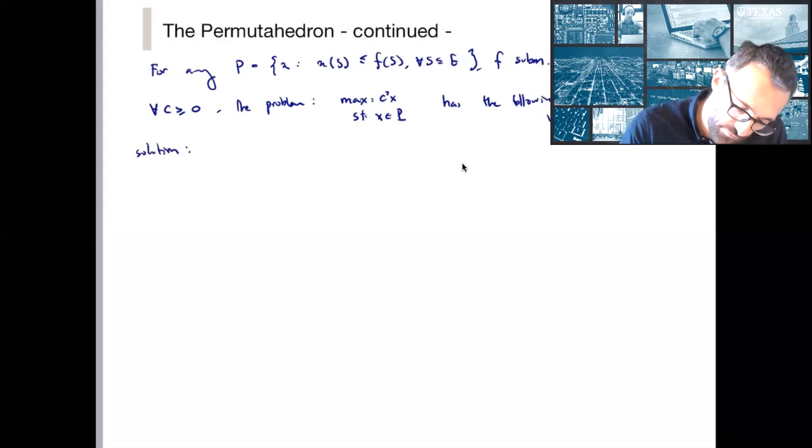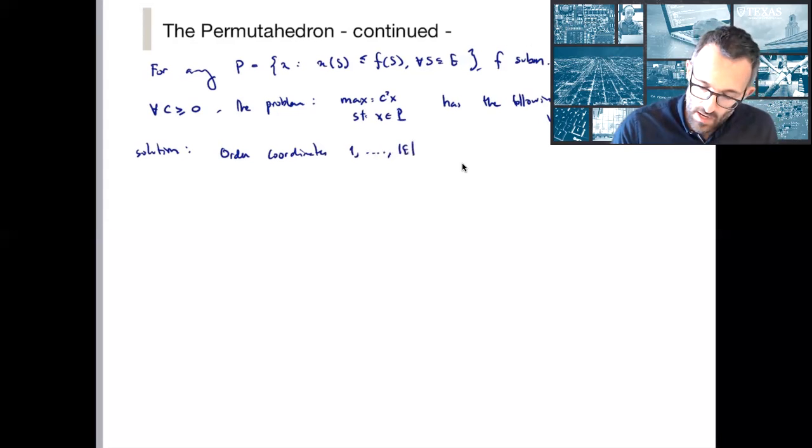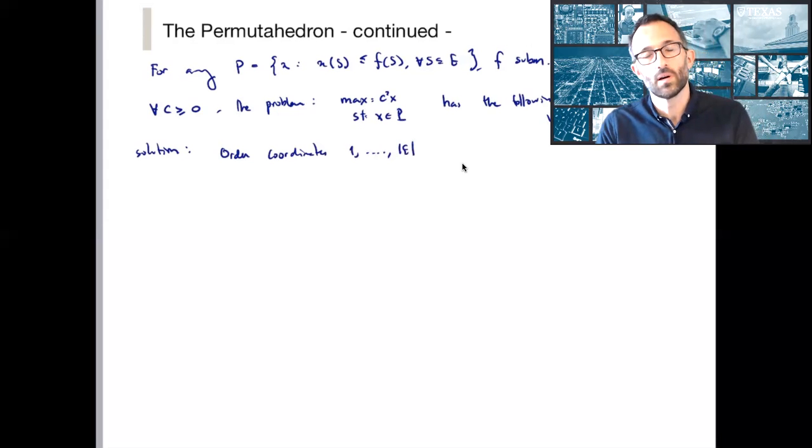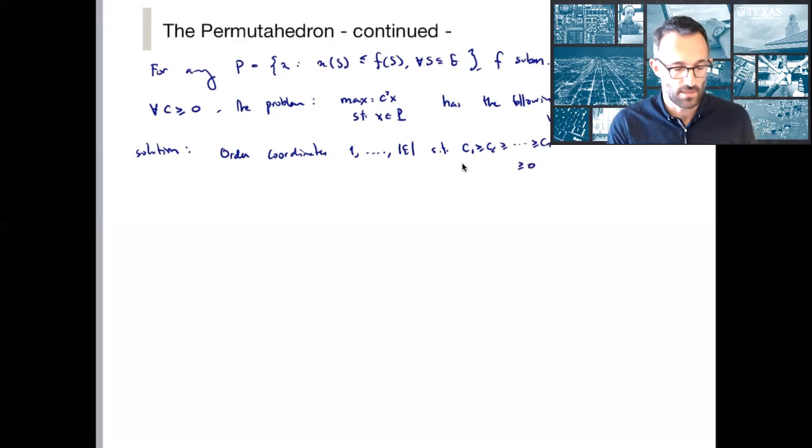So first, let's order the coordinates of the ground set 1 to n according to decreasing order of the coefficients of C. So order them so that C1 is bigger than C2, etc., is bigger than Cn, which remember is greater than or equal to 0.